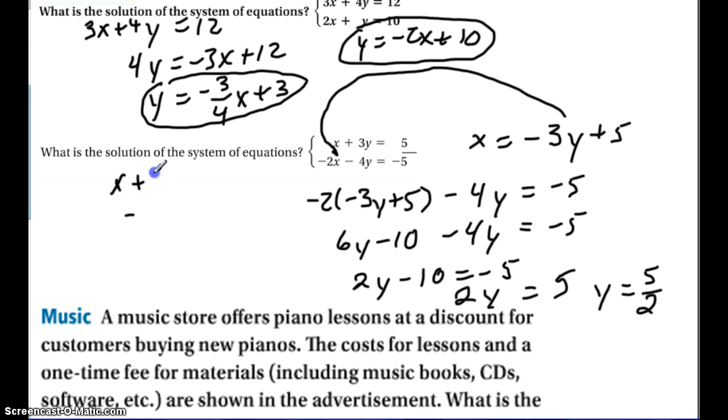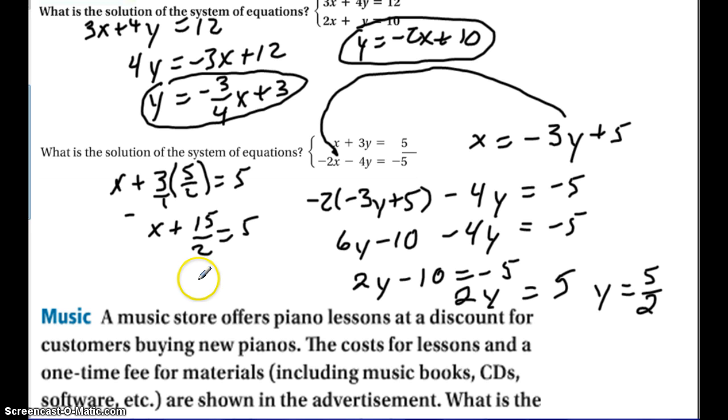x plus 3 times 5 halves equals 5. And to simplify this, we're going to have x equals, multiply straight across for your fractions, 15 halves, equals 5.